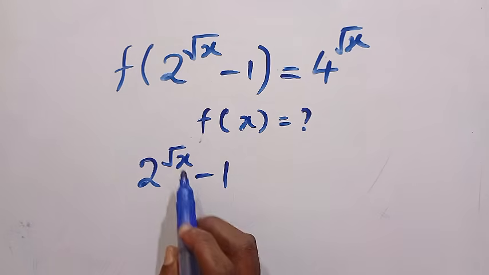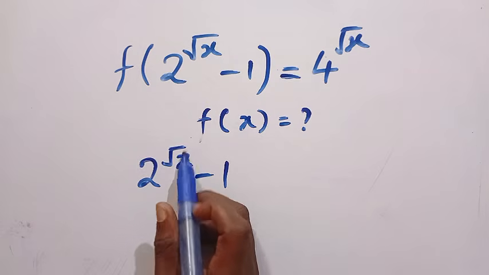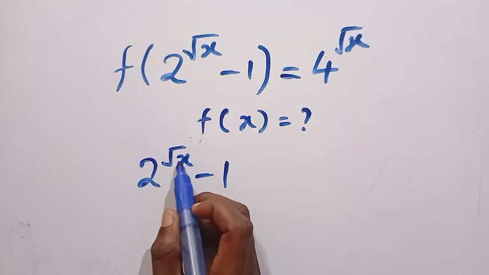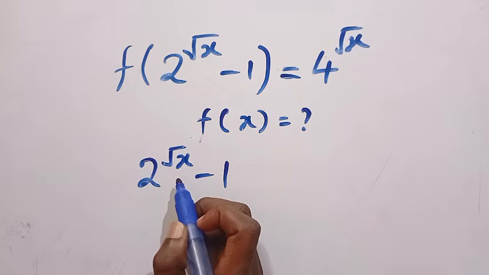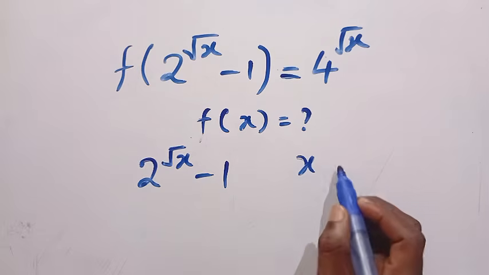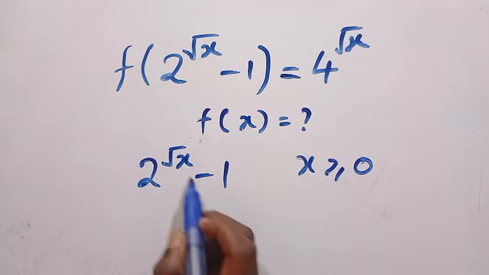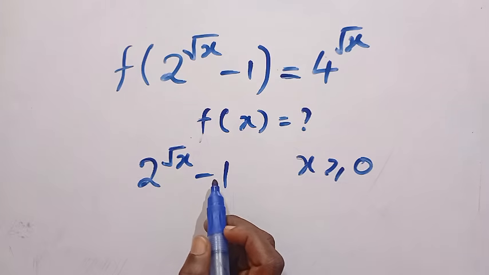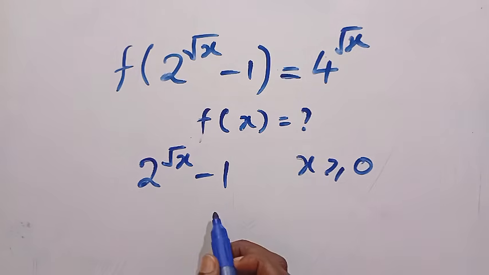But first, let's understand the domain of this equation. For x inside the root, any negative value will not satisfy this, as x is a member of the real numbers. Then, if x is greater than or equal to 0, 2^(√x − 1) is always a number from 0 to infinity.